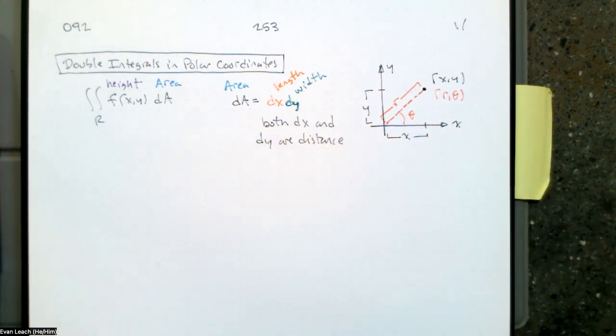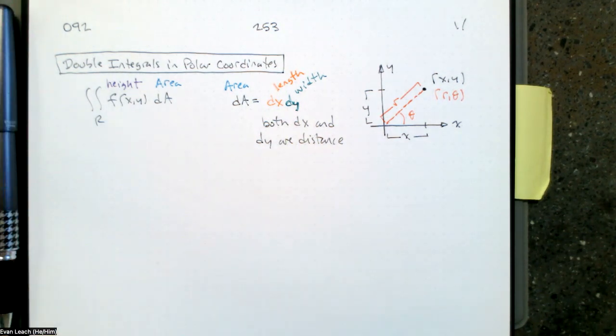So dx dy is area. The problem here is that when we have a function in polar coordinates, only one of the coordinates represents distance. The other coordinate represents an angle. So dr times d theta is not going to give us an area.